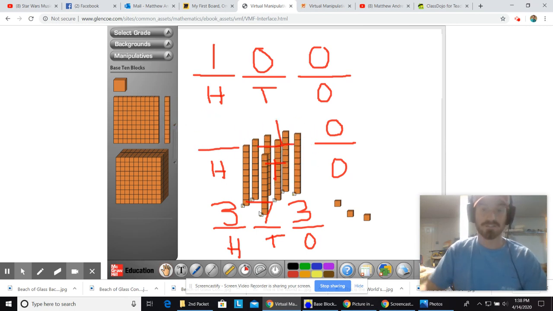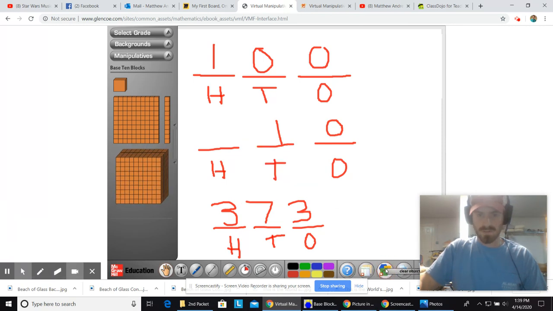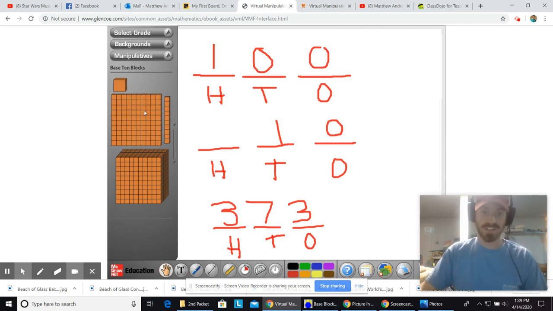That 7, because of where it is, is now worth 70. Okay? And that 3 is not worth 1, 2, 3 ones or 10, 20, 30, three tens, 30. It's worth 300, three of these.